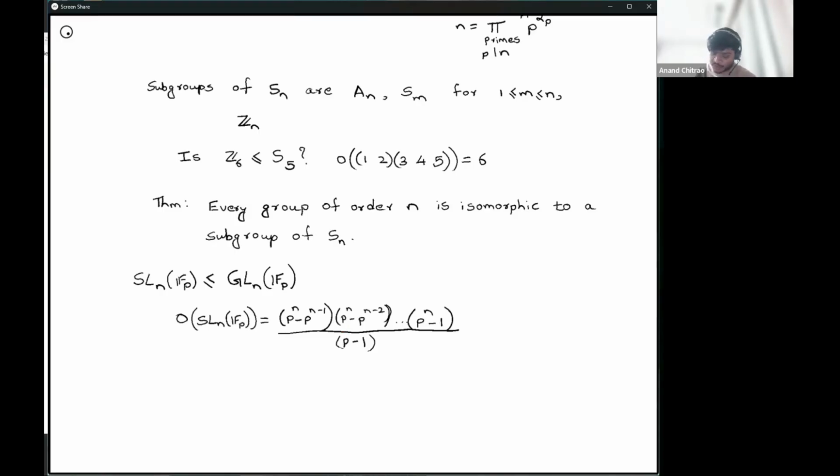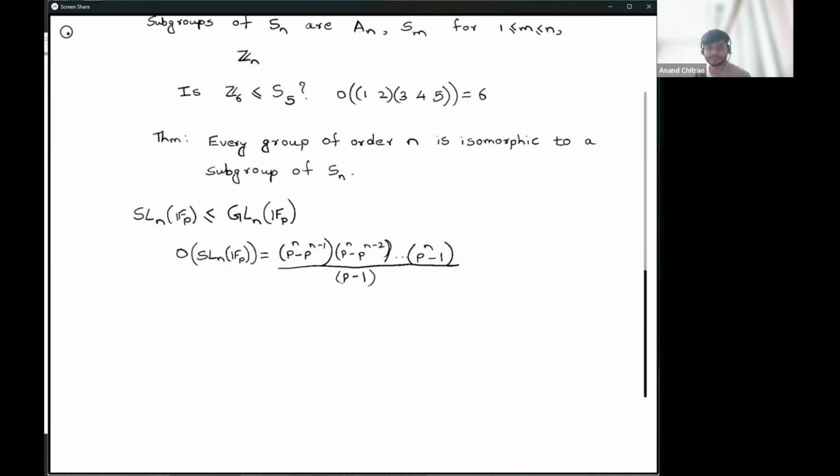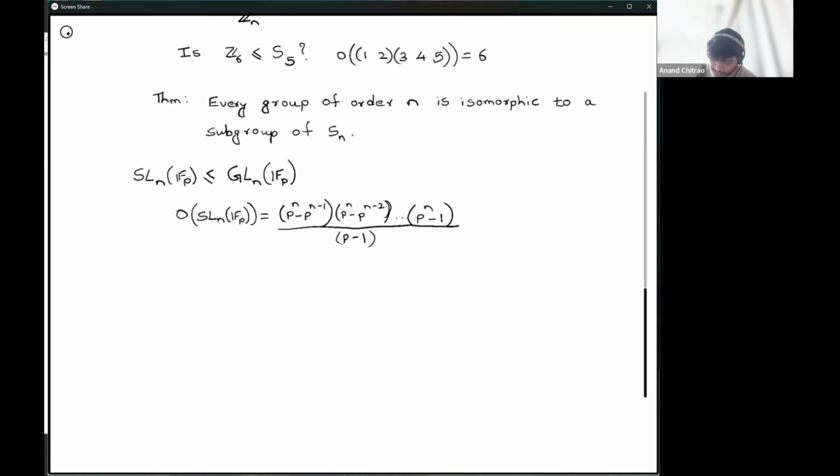What are some other subgroups of GLn? Let me tell you a few of them. Bn. These are usually called the standard Borel subgroup. Bn is a subgroup of GLn(Fp).